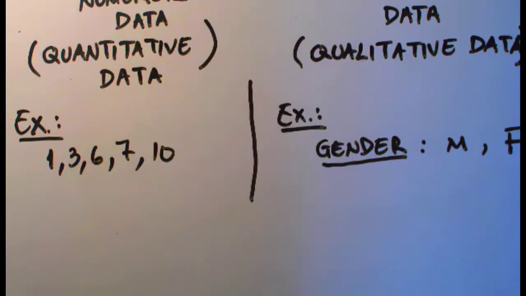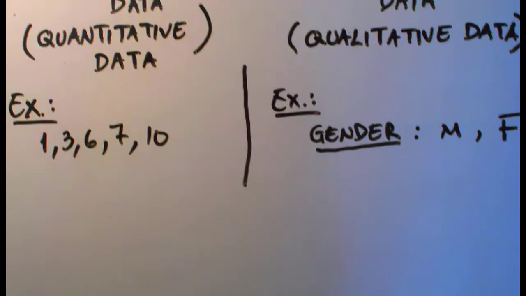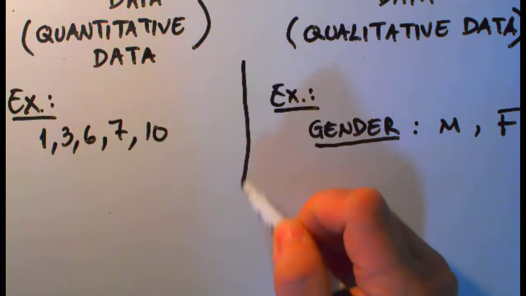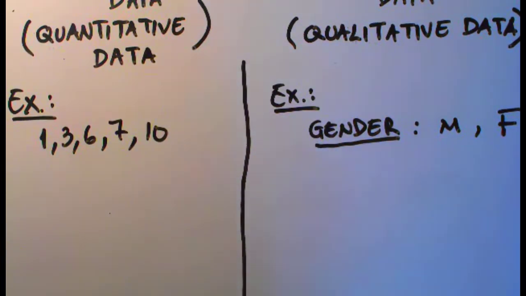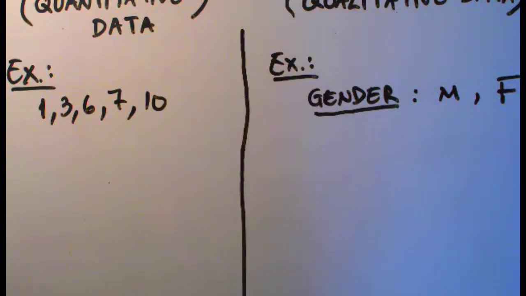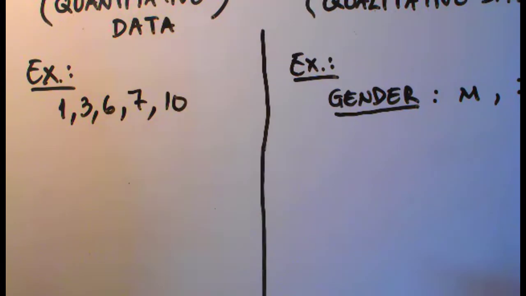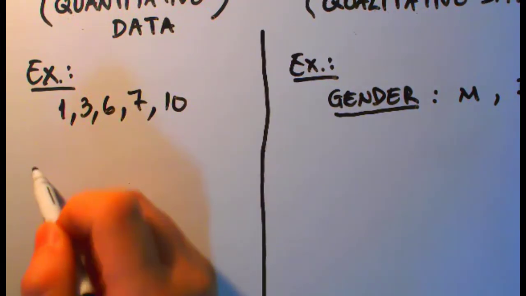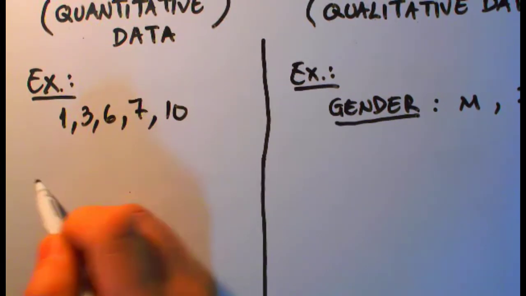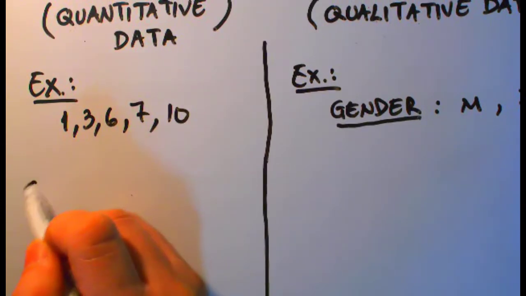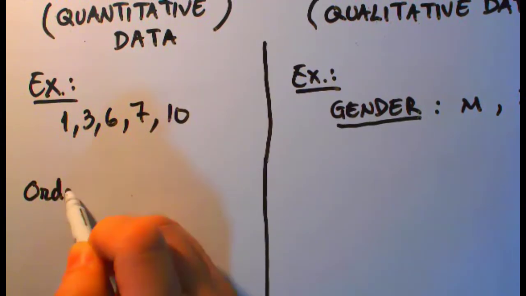And then I am going to give a quick comparison chart between the two data types here. In numerical data, we can put data values in order.